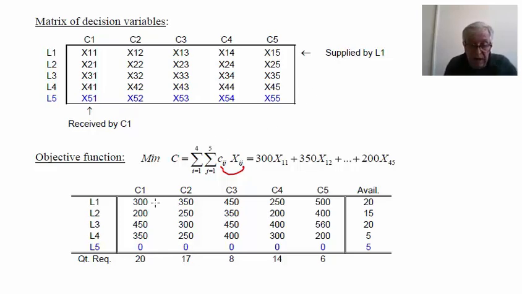So we start by multiplying 300 by x11, then we have 350 that multiplies x12, and so on until we arrive here to 200 that will multiply x45. So this is the objective function.